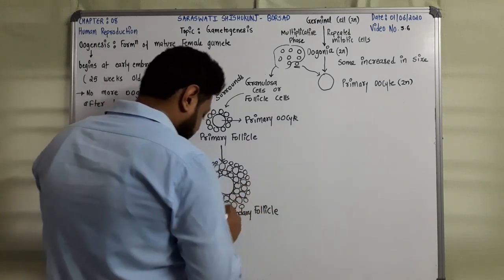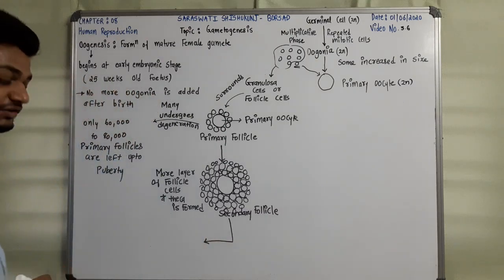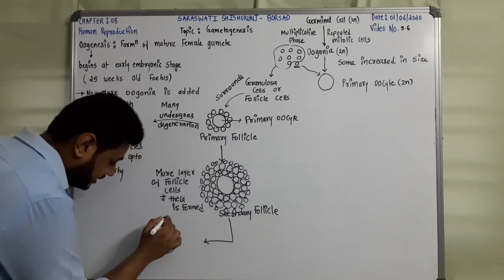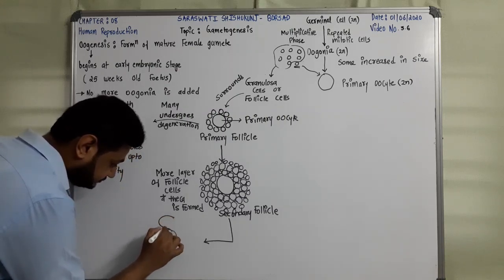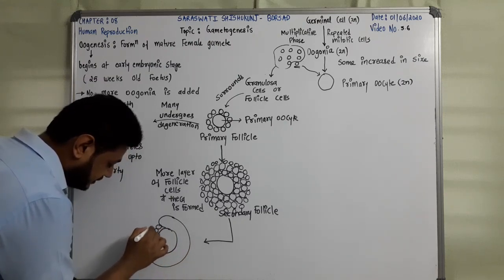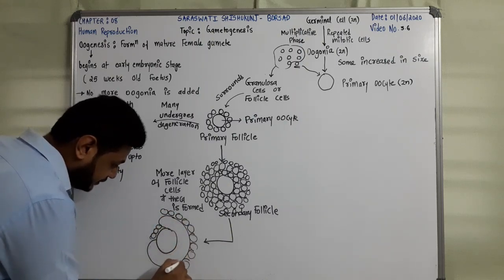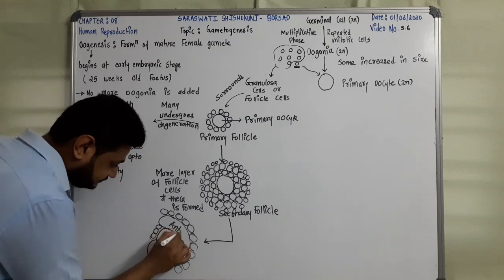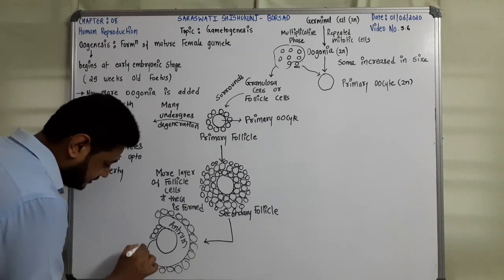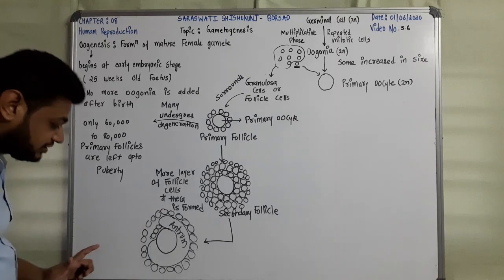The secondary follicle will get converted into a tertiary follicle, having a characteristic space referred to as antrum. So this is the antrum, a fluid filled space, and these are the layers. Now theca is in the tertiary follicle.